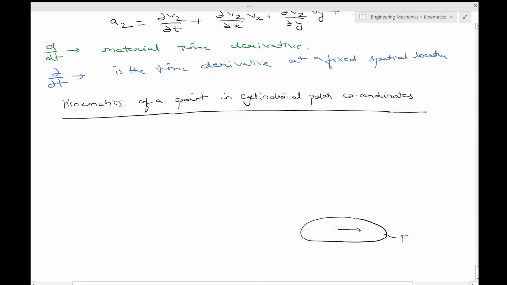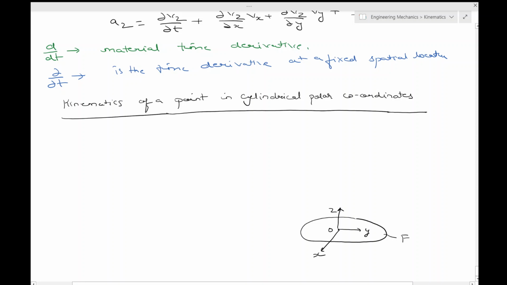So you have z, you have y, you have x, and this point is O. We have seen that at least in the Cartesian system, the velocity and acceleration don't really depend on your choice of O. So O could have been O dash and nothing would have changed.